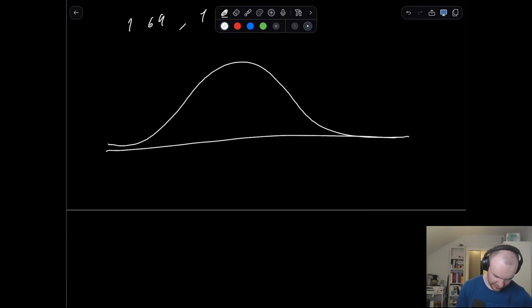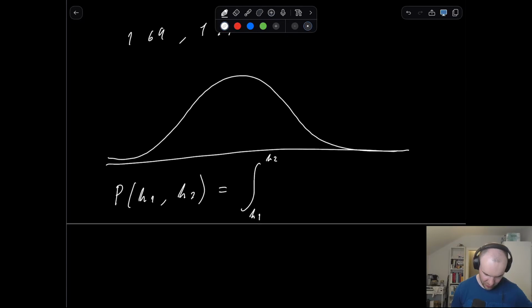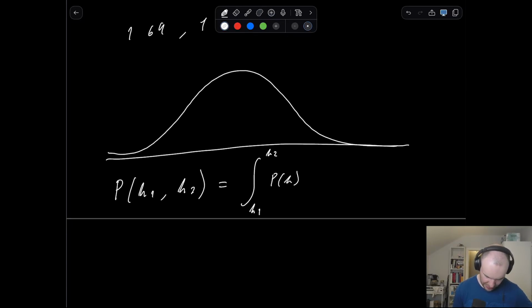So if I wanted to check the probability for women in Norway between 160 and 180, I would write 160 and 180, and that would be equal to this integral from h1 to h2 of that function p(h), and then dh, like that. So that is what it is.